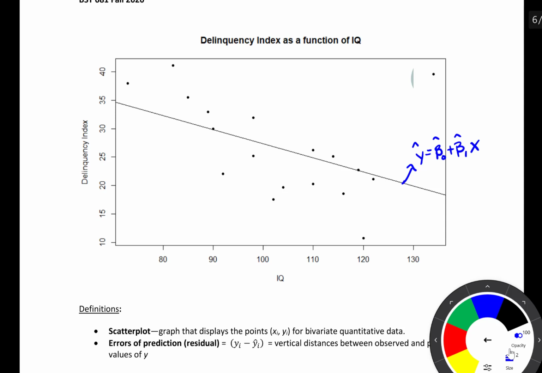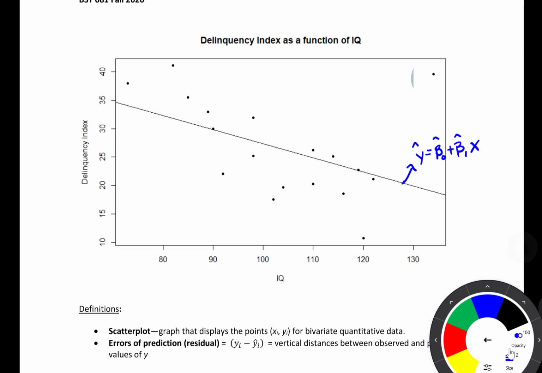So in this case, the x's are our IQs, and the y hats are the y values that fall along this fitted line to predict what delinquency index is for different values of IQ. And then the beta hat naught and the beta hat 1 are the actual slope and intercept of this line.